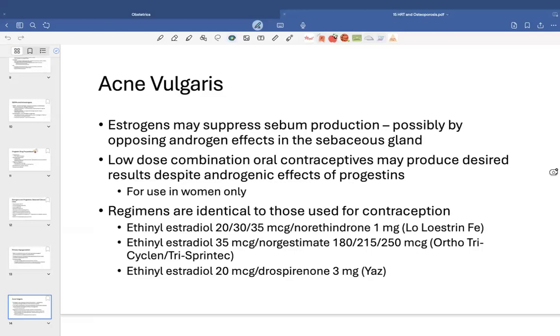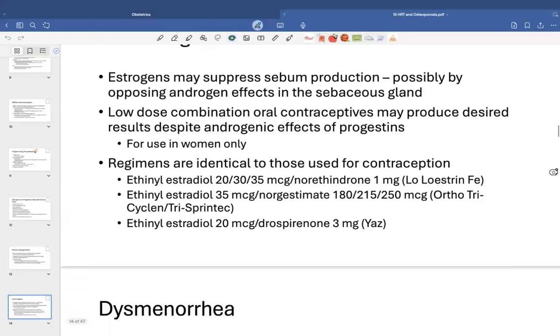Those are all widely used oral contraceptives, but they're also indicated for acne in women, usually if they want the dual benefit of both contraception and acne treatment.